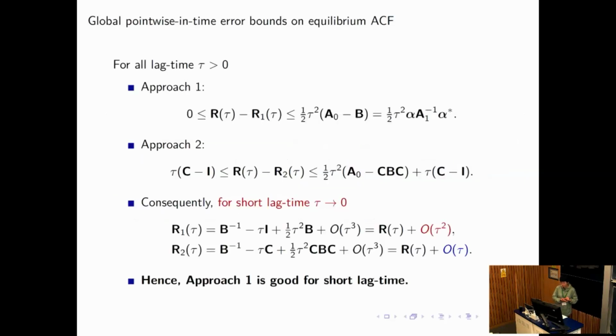So let's first talk about all lag time, tau greater than 0. You can see that for approach 1 compared to the full system, the equilibrium ACF is approximately bounded by half tau squared, and approach 2 is somehow in between.